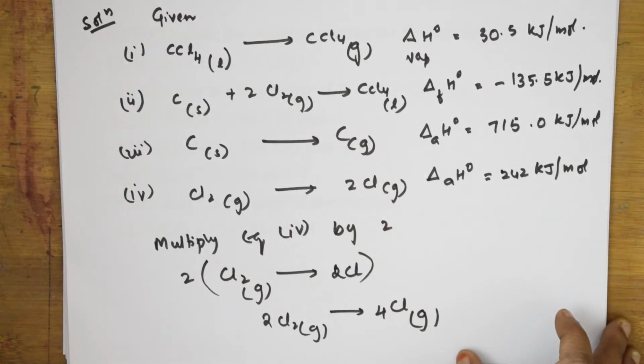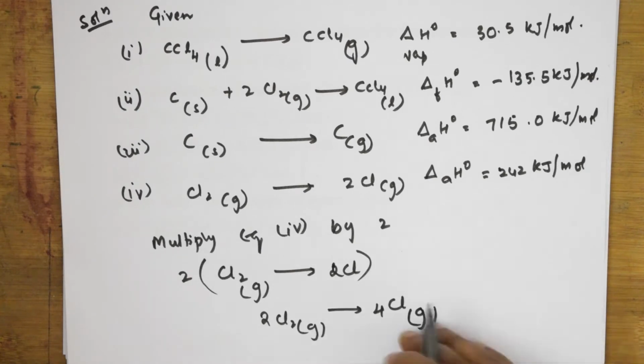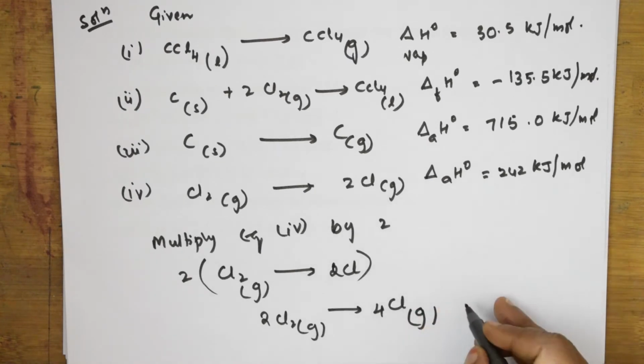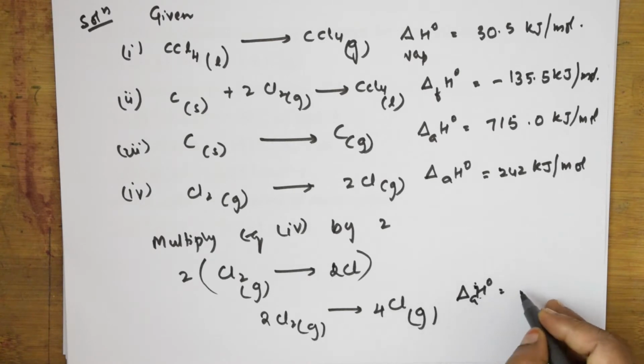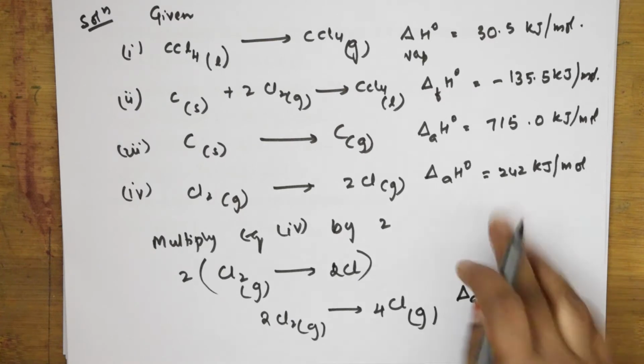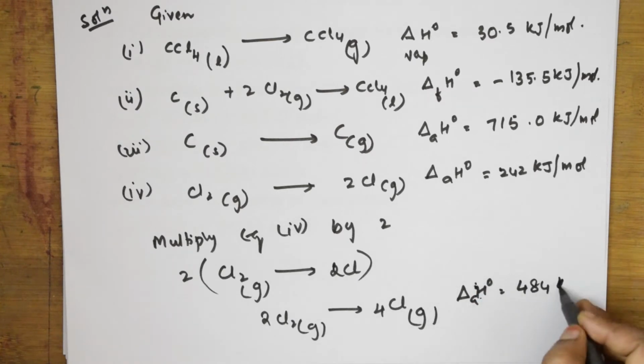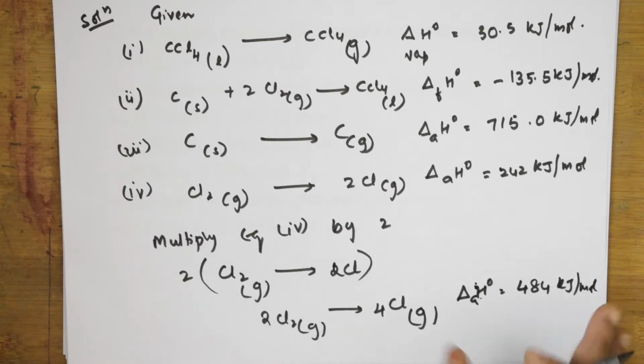You should multiply the enthalpy also, so delta H atomization times 2 gives 484 kilojoules per mole. This is also over.